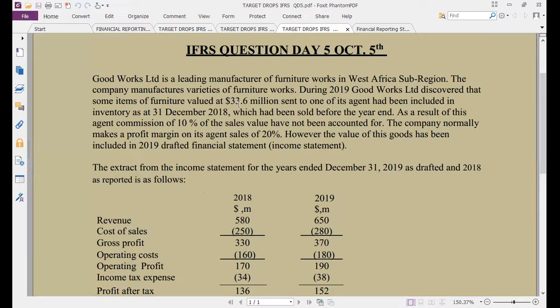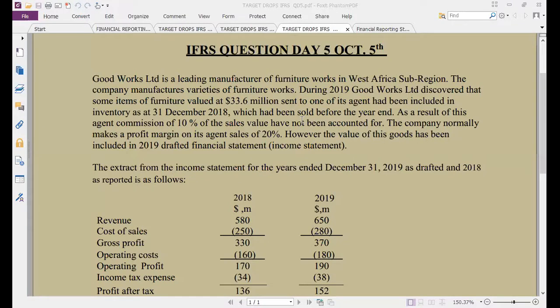So that is error. So first of all, it means that the closing inventory has been overstated.